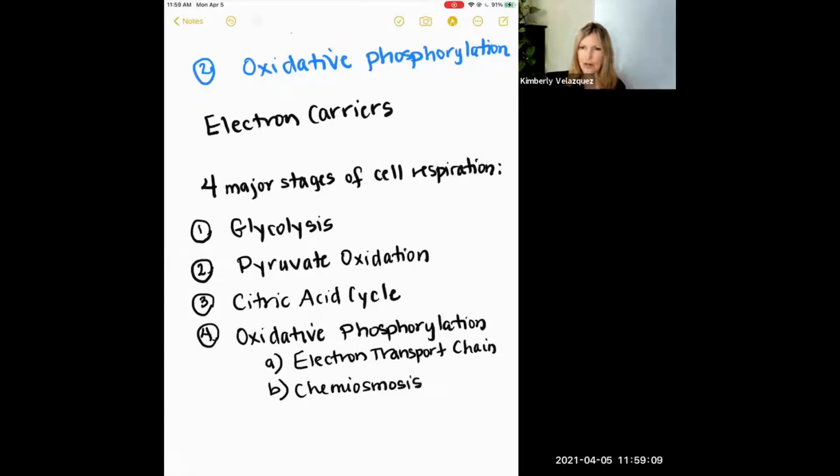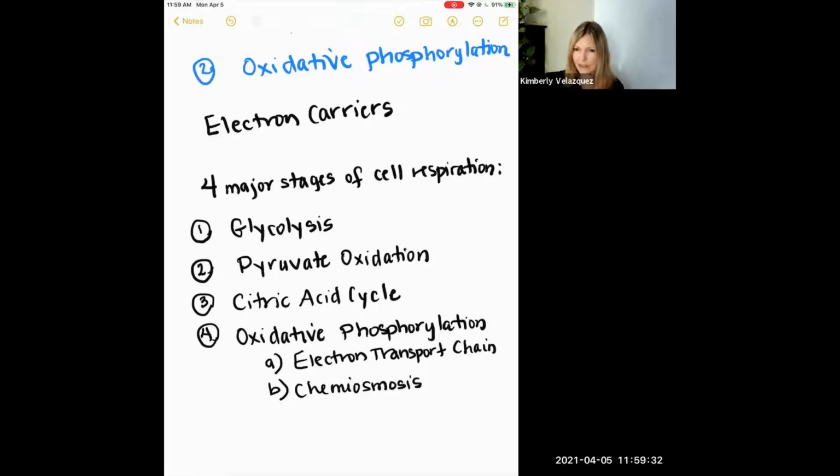This is a very complex metabolic pathway. Remember, during the energy lecture, I talked about metabolic pathways and the fact that they are multi-step. The product of one stage becomes the reactant of the next stage, and we finally will end up with an end product.